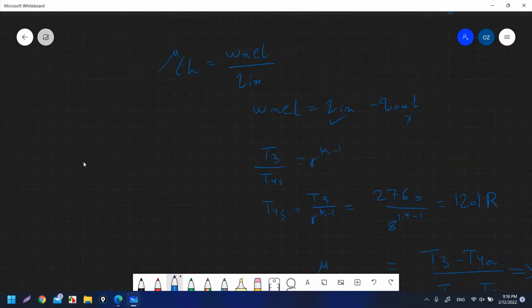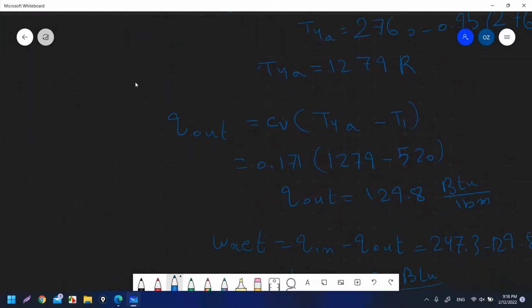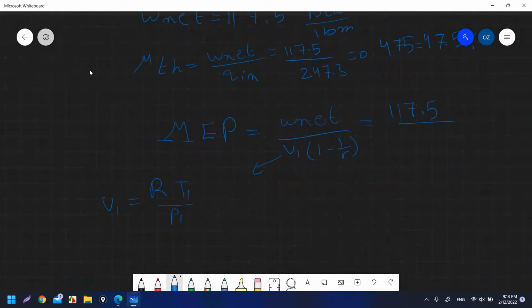That is why the R is like this, 0.3704. Plugging in the numbers will give you 14.82 feet cubed over pound mass.